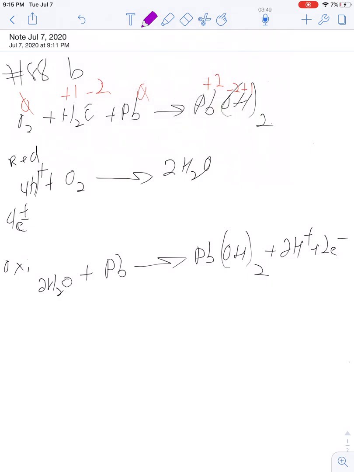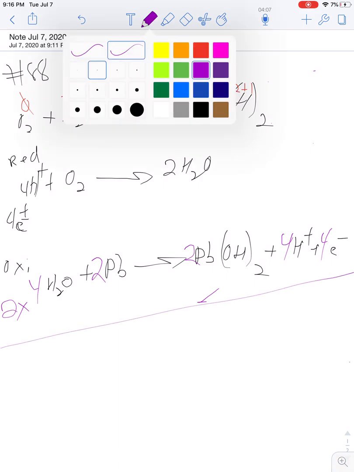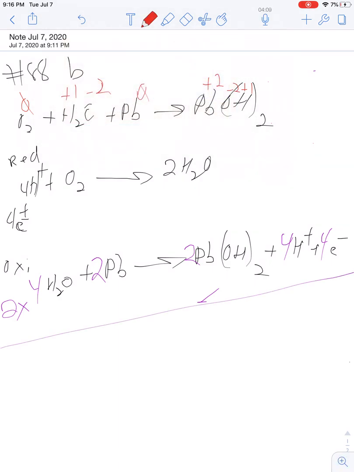So to balance it, I'm going to multiply this reaction by 2. So this becomes 4. This becomes 2. That becomes 2. And these become 4 and 4. Now we're going to see what cancels. Your electrons must cancel, otherwise you did something wrong.